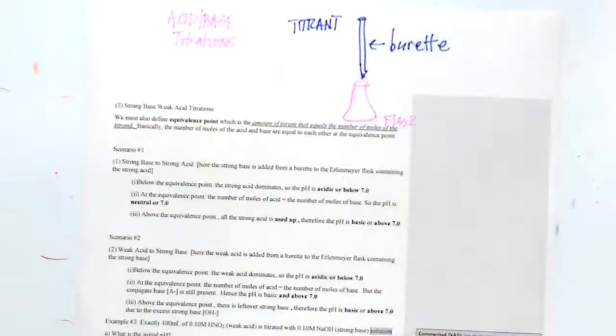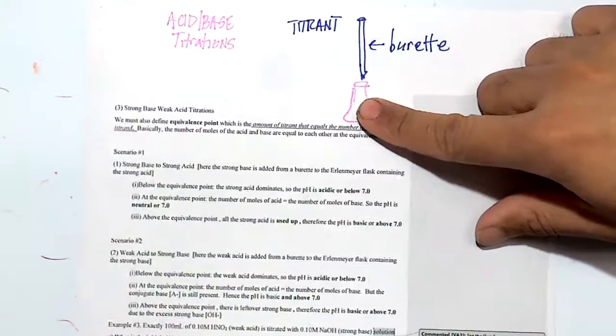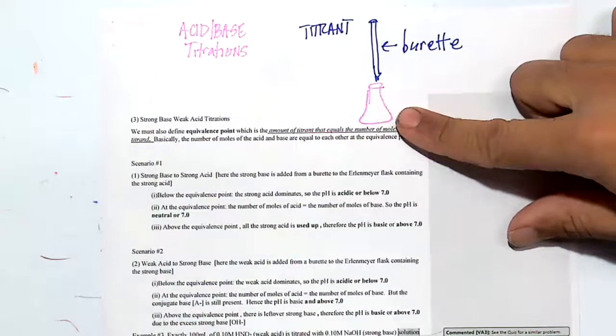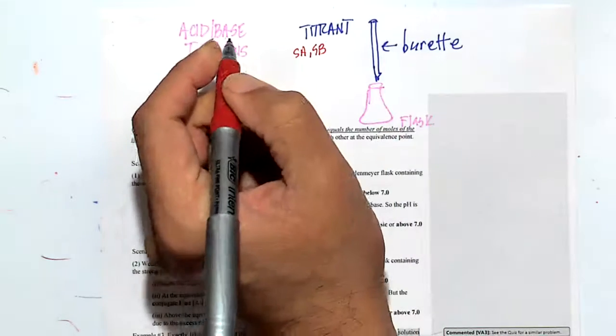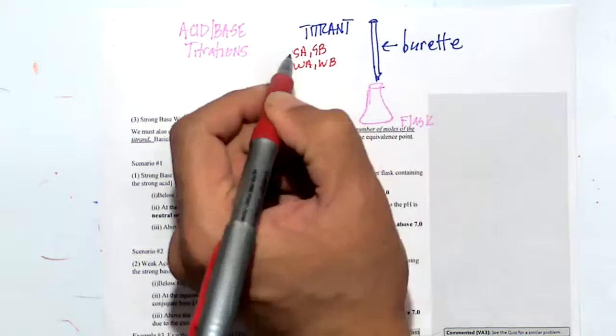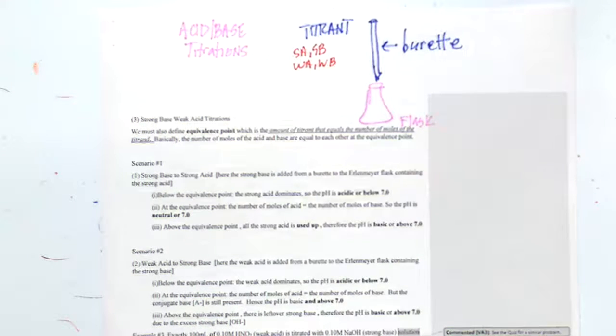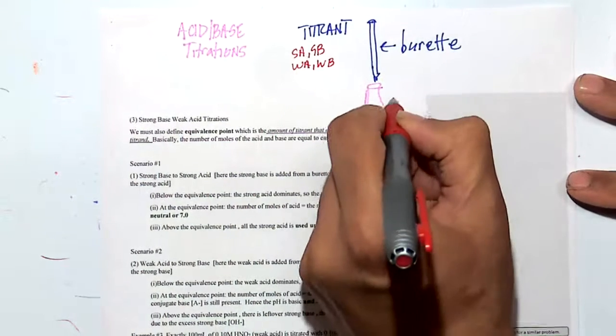Okay, so what could be our titrant? Remember, we're doing acid-base titrations, right? So our titrant could be the strong acid. It could be the strong base. It could also be the weak acid or the weak base. And then what do we titrate that to? We titrate it to the titrand.